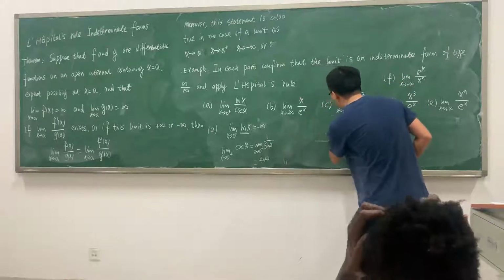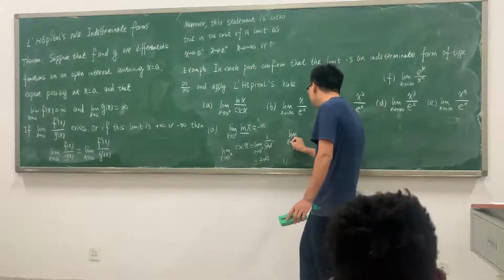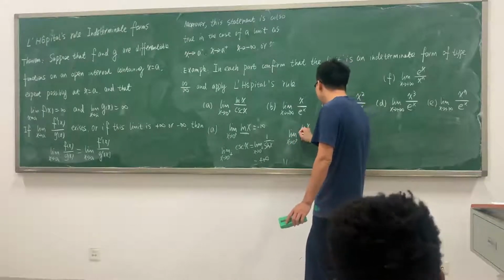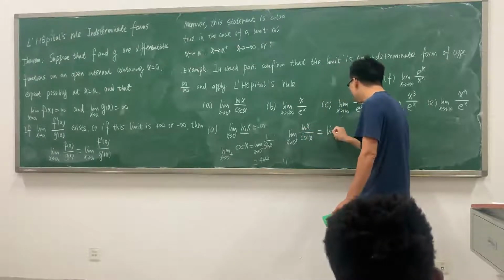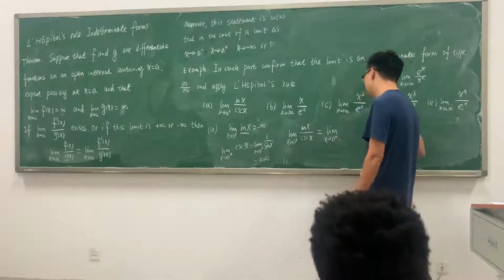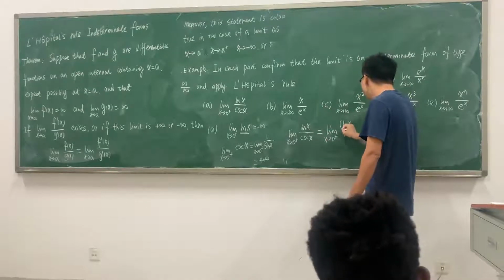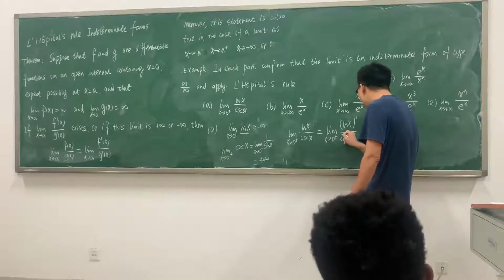By L'Hopital's rule, this limit equals the limit as x approaches 0 from the right of ln x prime divided by cosecant x prime.